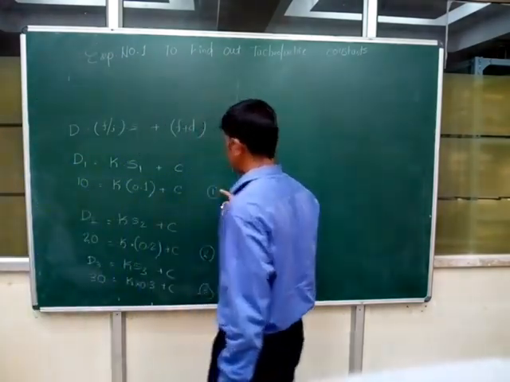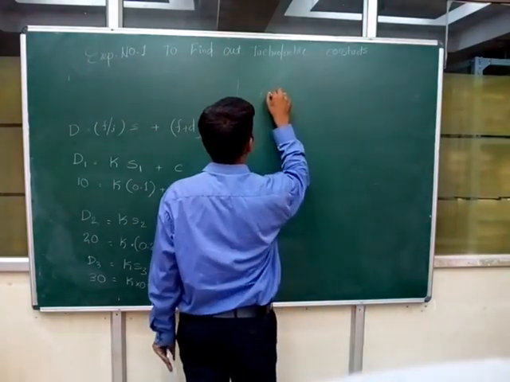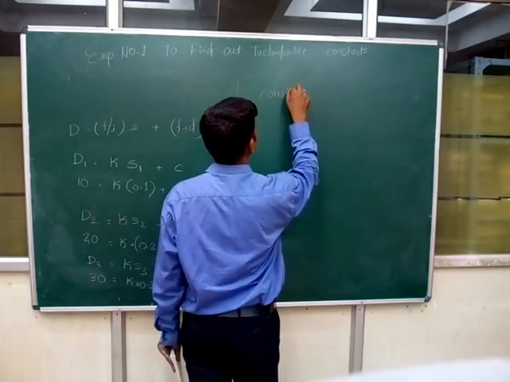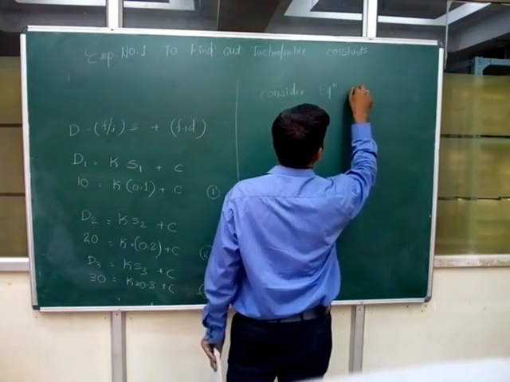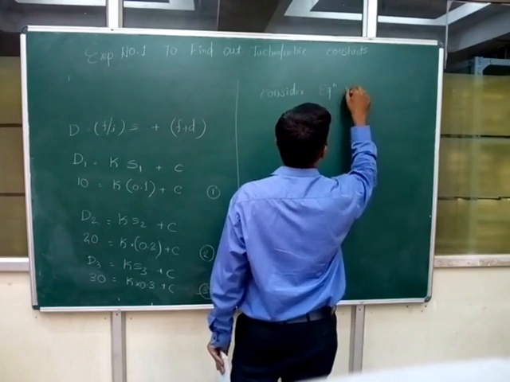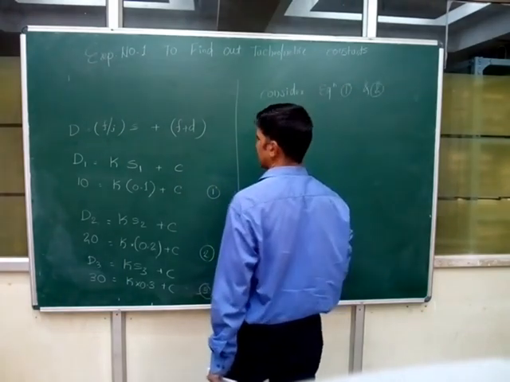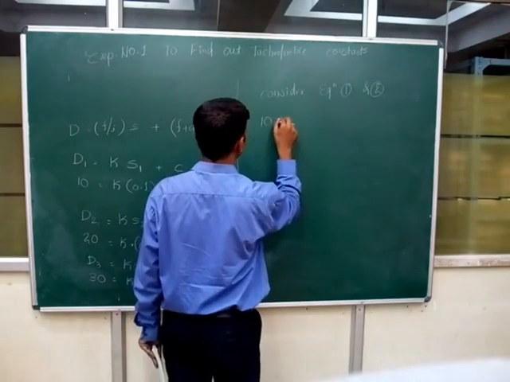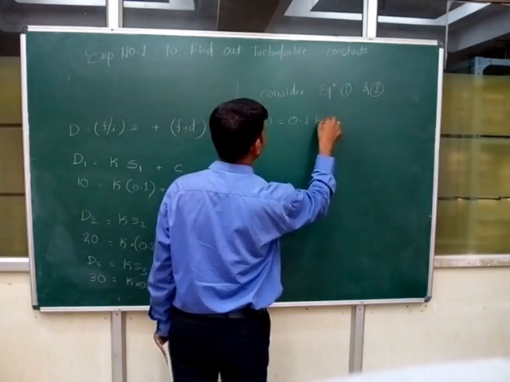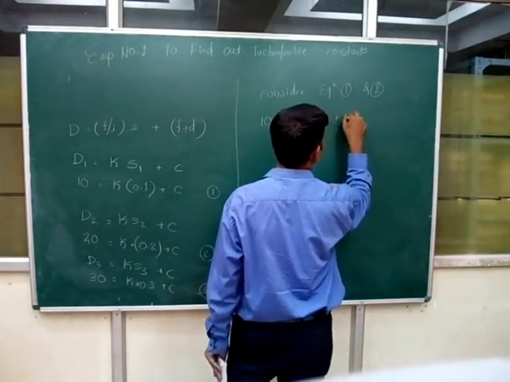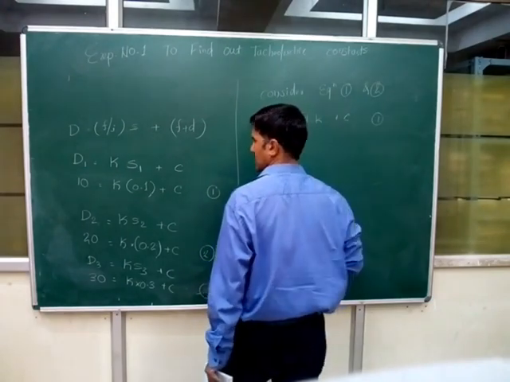We will consider equation number 1 and equation number 2. The first equation is 10 equals 0.1 K plus C. This is my first equation.